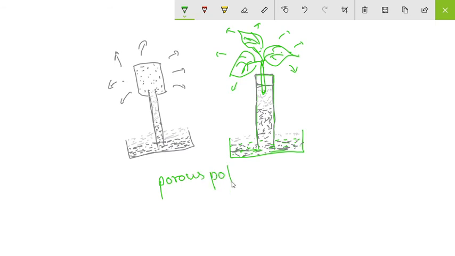This porous pot experiment is also the most important evidence which shows that transpiration pull is the important phenomenon by means of which the ascent of sap takes place.